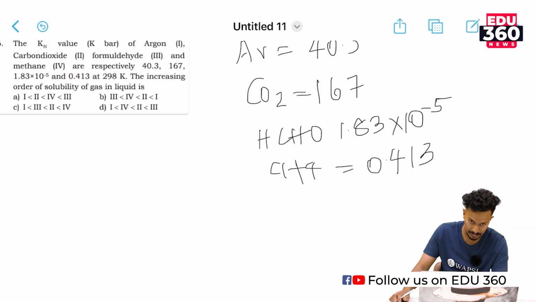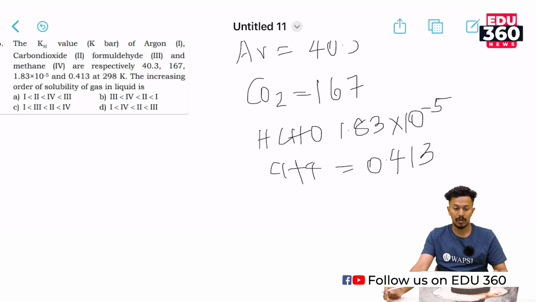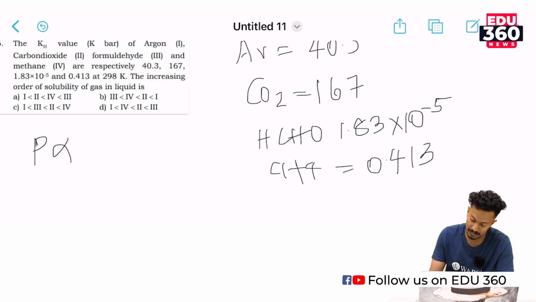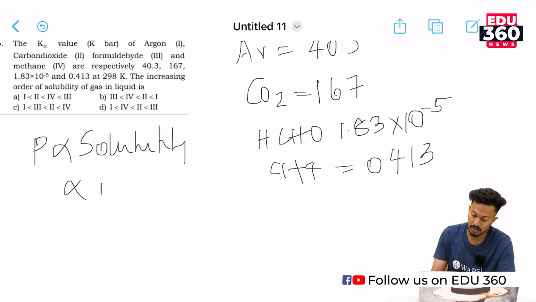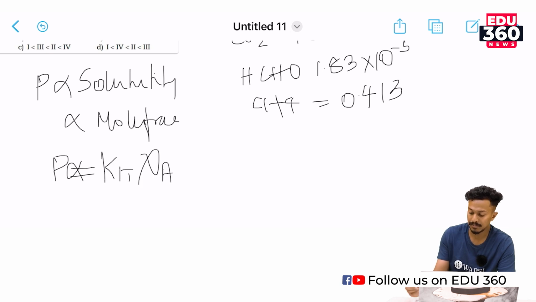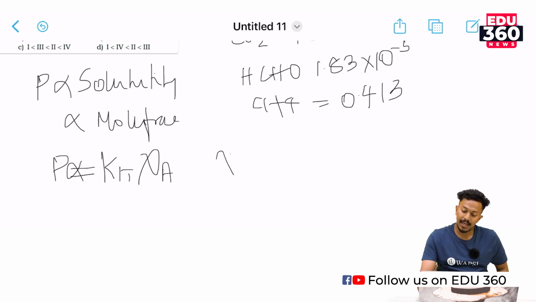We have to find the increasing order of their solubility. We know that Henry's law says pressure is directly proportional to mole fraction, where P is equal to KH chi A. When chi A is increased, KH is decreased.